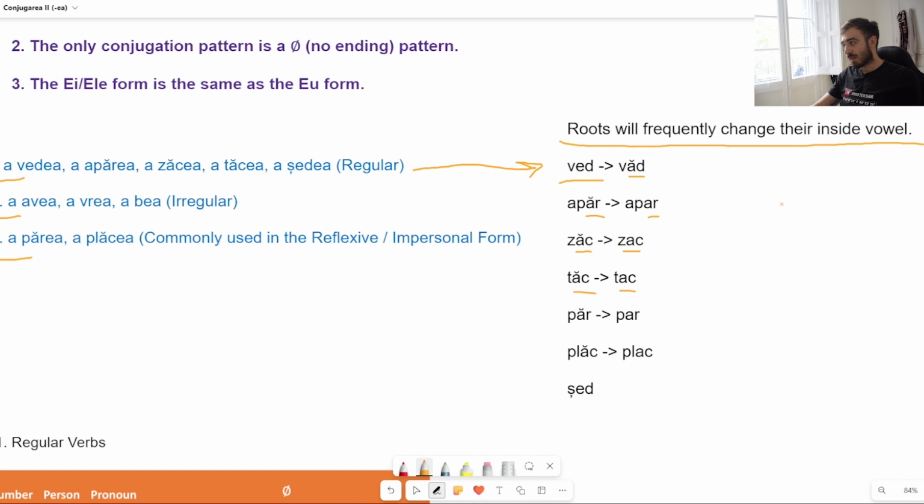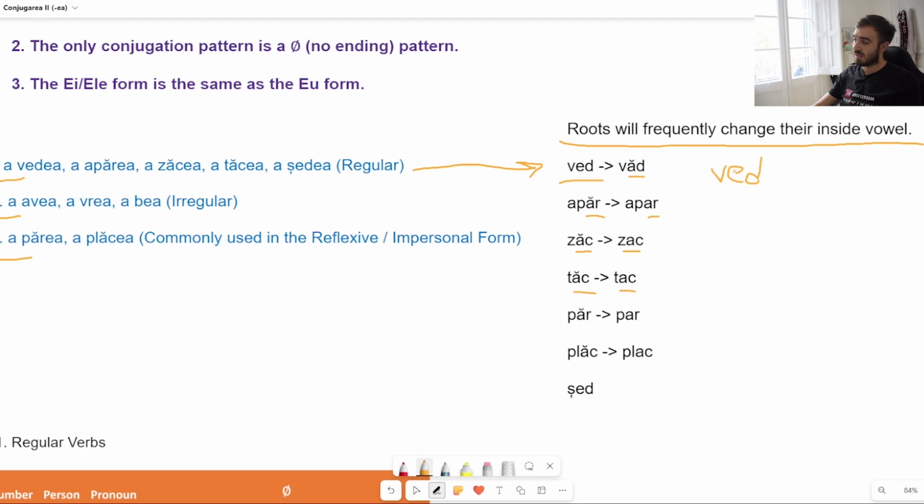So let's take anything, it doesn't really matter which one. So first one, a vedea. If you remove EA, which is the ending, you're left with ved, which, because of the conjugation and also because of phonetics, which I'm not going to talk too much about in these videos, there will be separate videos talking about phonetics, but you will get vad.